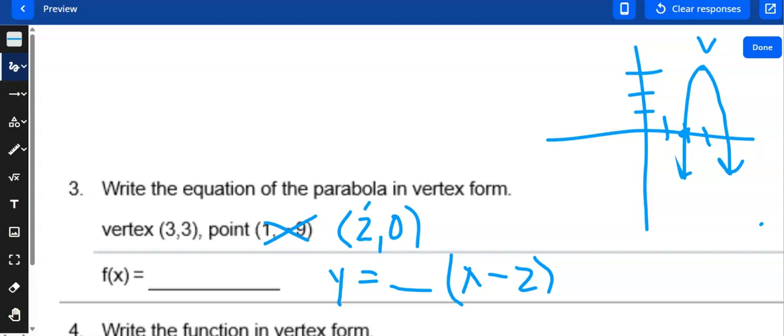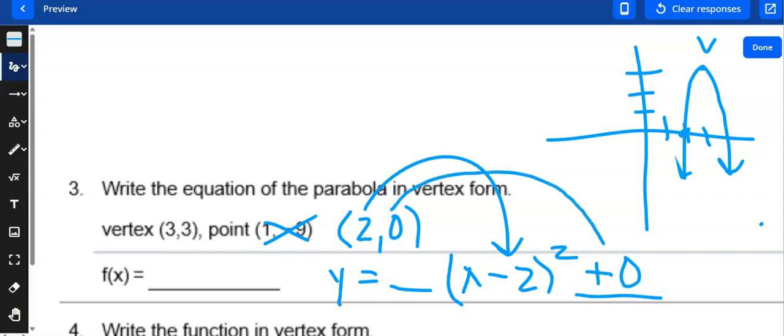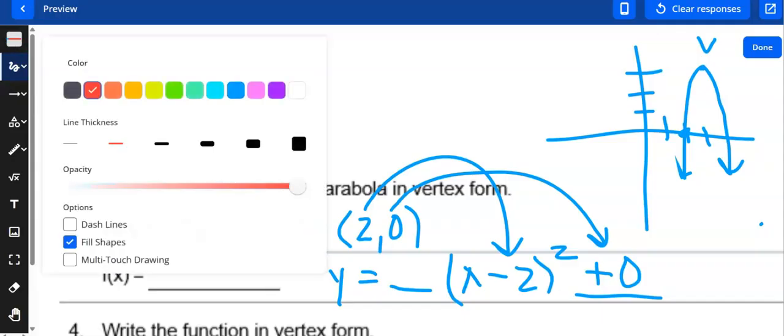We know that inside the parentheses, it has to look backwards over our common sense. And on the outside, now, if you want to put +0, that's fine. But most of us probably know that we don't have to put that in this particular case. But if there was a different value, yes, you would have to put that value. Now, what's the A value here?